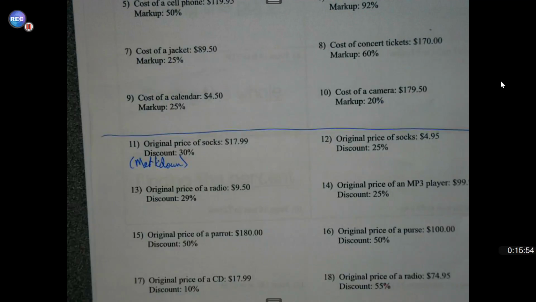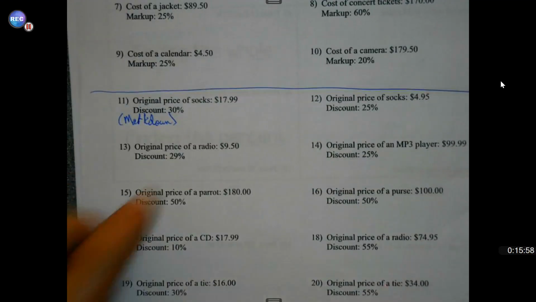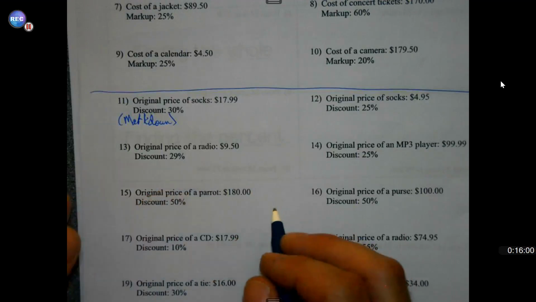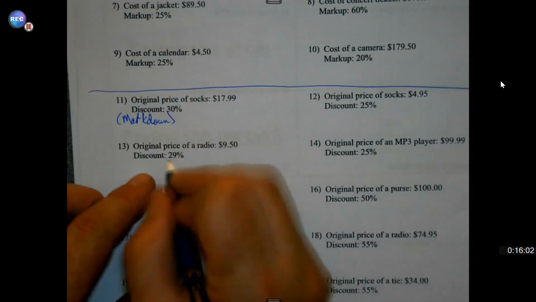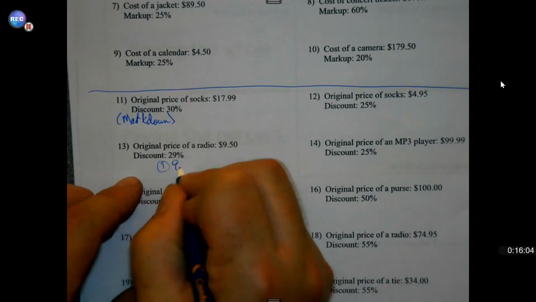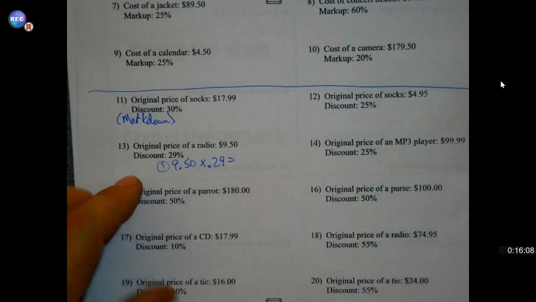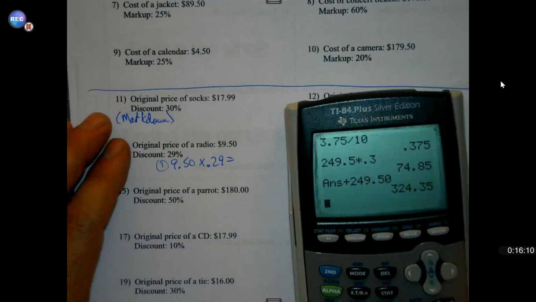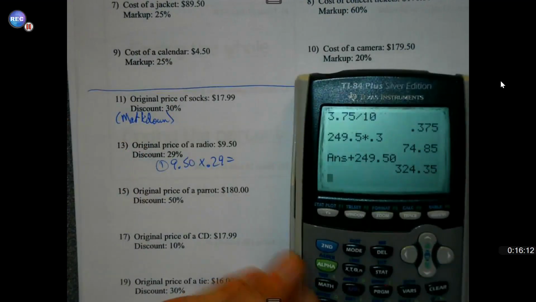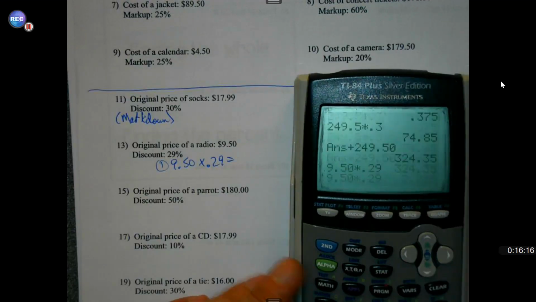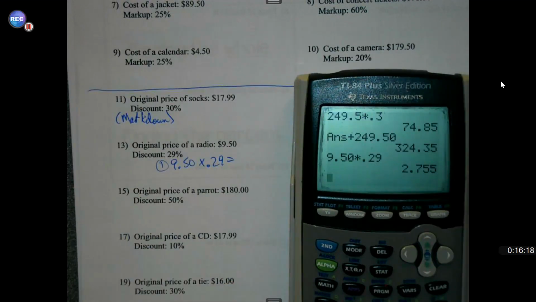Oh, I want a different percentage. We're going to do 13. Original price of a radio, $9.50. Times my discount. Okay, good situation here for us to discuss.